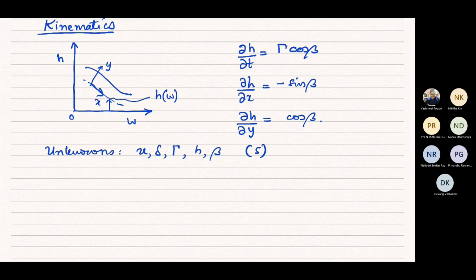So we have five unknowns, and here it says sufficient equations, because it essentially tells us the rate of change everywhere. I'm writing sufficient equations to solve.